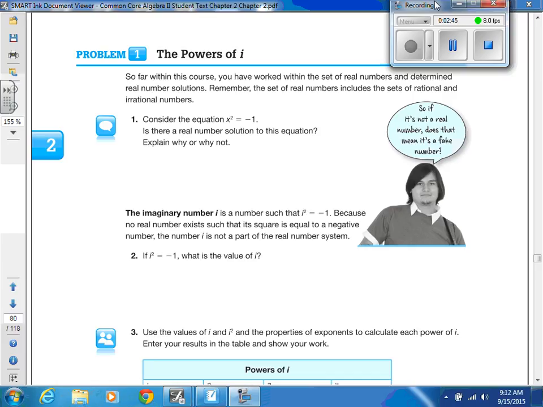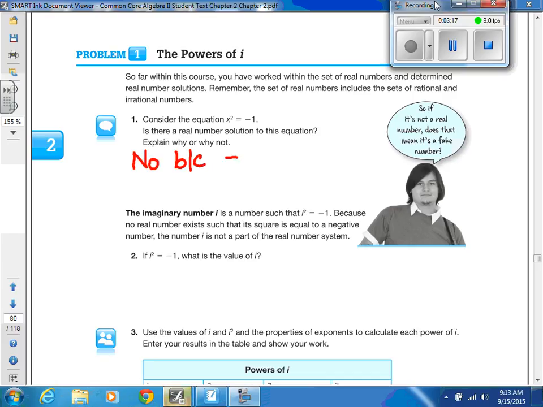And how do you get a negative number in multiplying? Like, what's a negative answer come from when you multiply? What times what? Right, a positive times a negative. Two different numbers being multiplied together. So there's no way that I could square something and come up with a negative 1. It just doesn't happen, right? Because negatives are positives times a negative. So is there a real number solution? No. There's not.